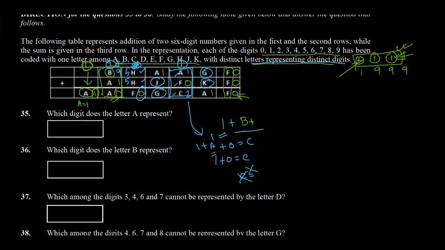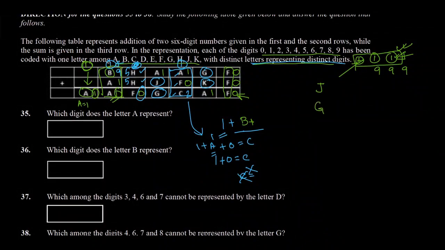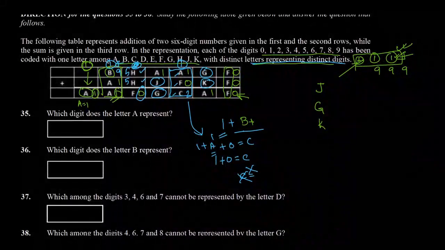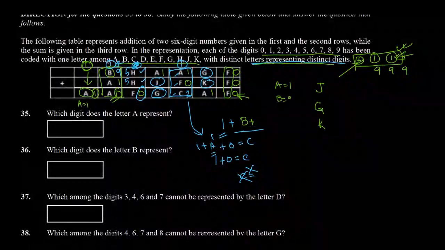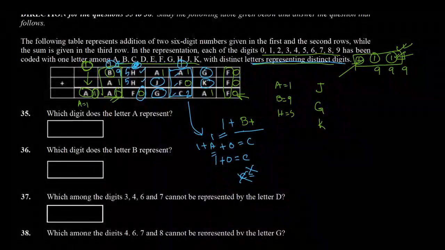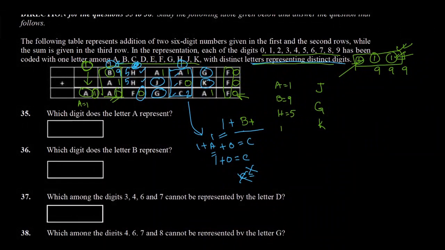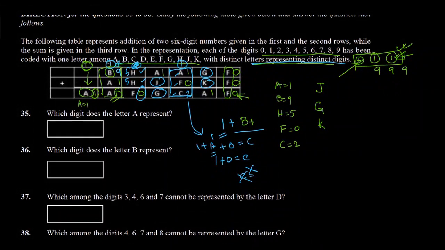So we are left with the values of j, g and k, and notice that we already have the value of a equal to 1, b equal to 9, then we have h equal to 5, f equal to 0 and c equal to 2.